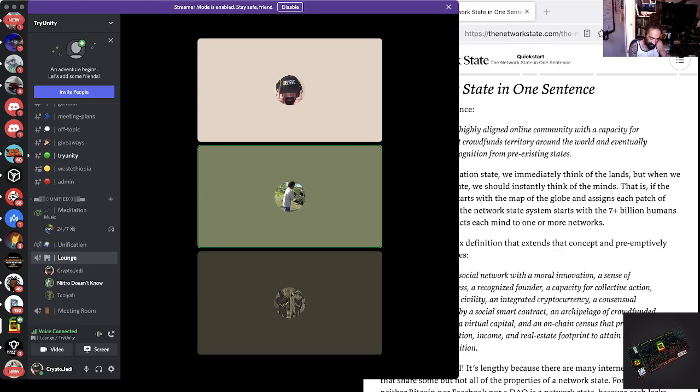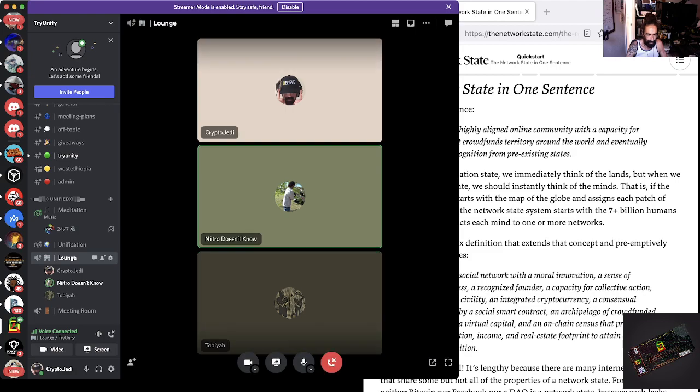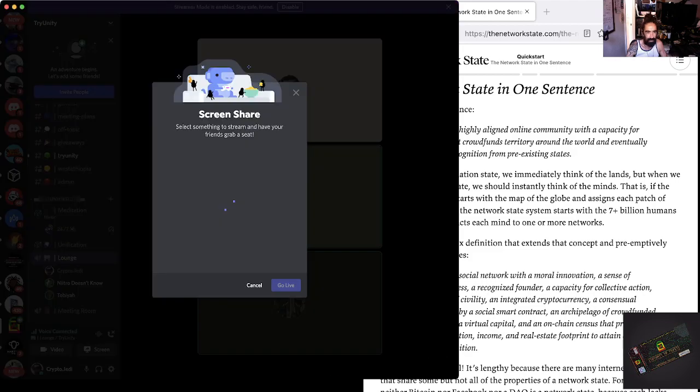That's a great question. So, West Ethiopia is an idea of a network state. It's an idea of a state that does away with the normal way society is built. Location is always something to consider.